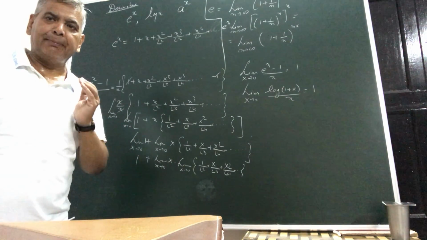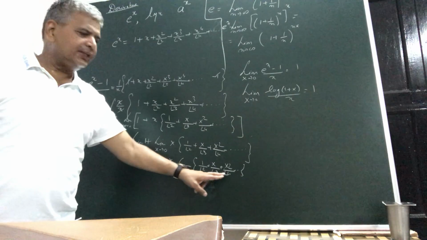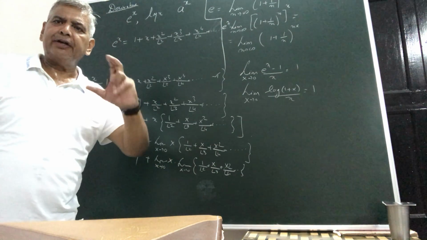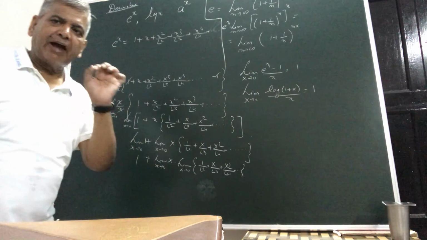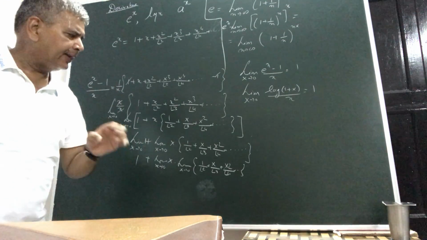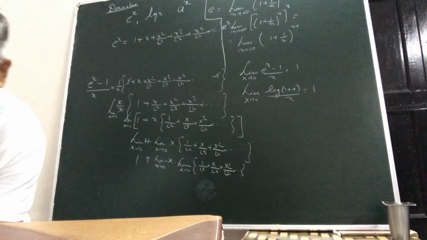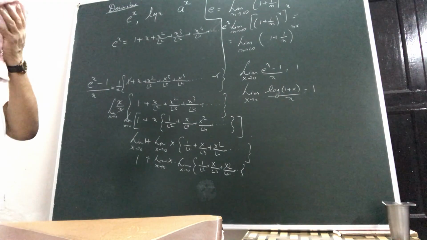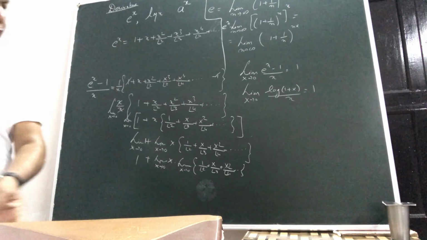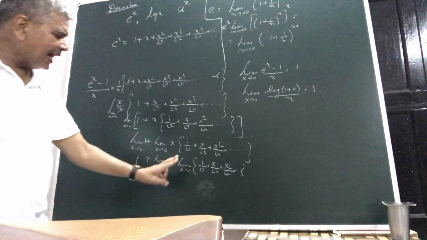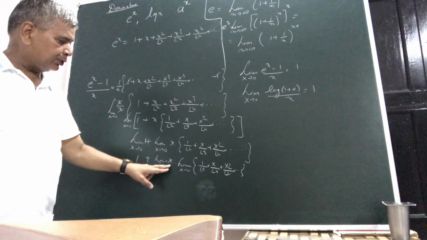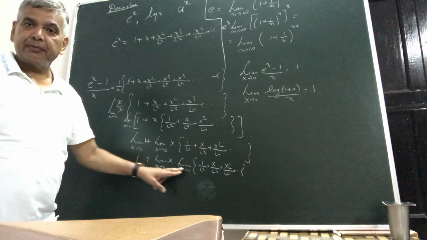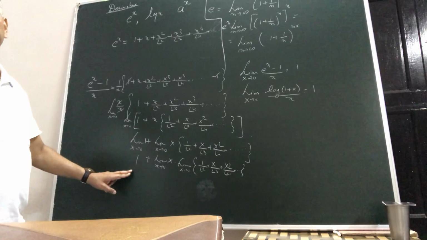Convergent series simply implies that the sum of these terms will be between two real numbers, and this is what we really wish to show. But there are ways wherein we can show that this is a convergent series, and that's why limit x tending to 0 of x is 0, 0 into any finite number becomes 0, and then this limit comes 1.